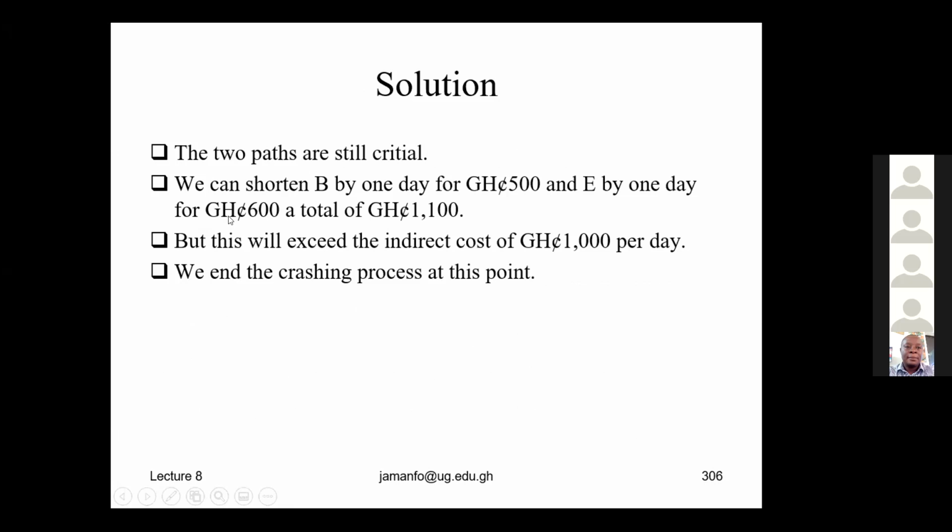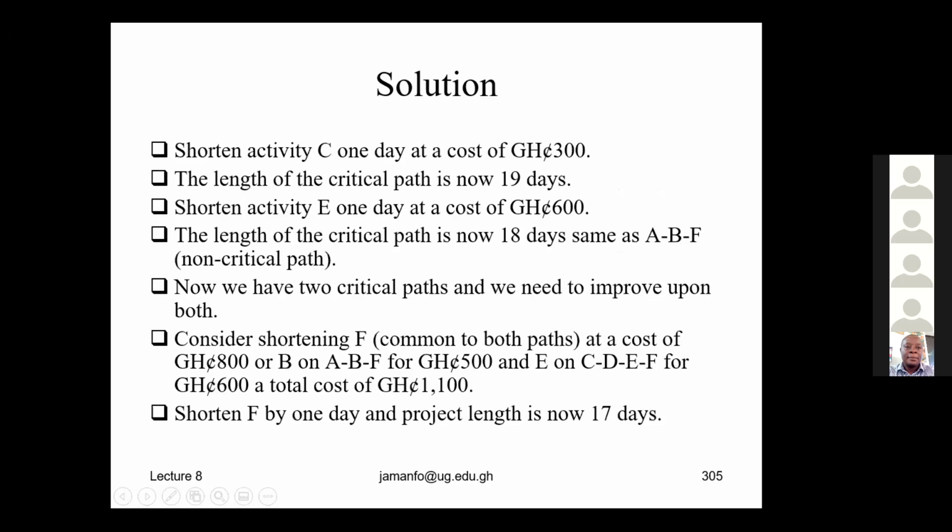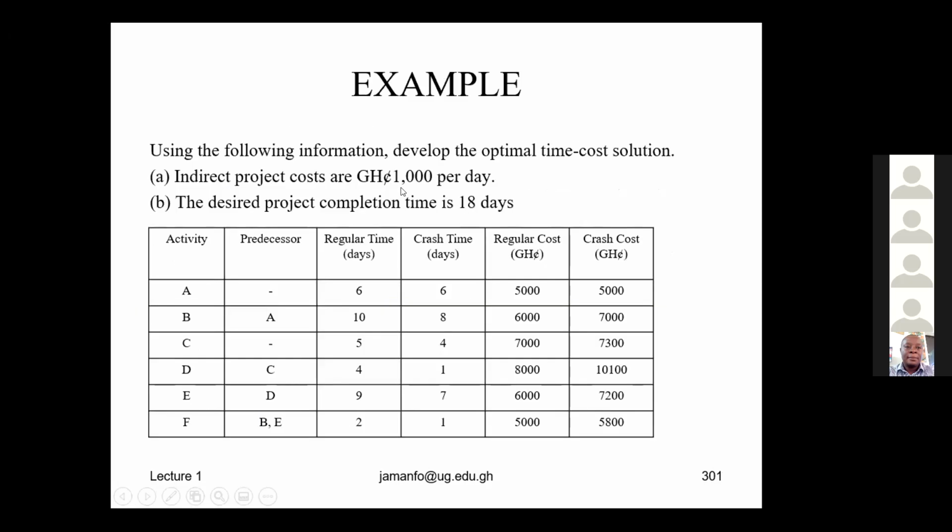And then the 2 paths became critical. So we could crash B for the first path and then G for the second path. But that will give us a total of 1,100, which will exceed the permissible crash cost per day, which is this one. So we can't do that.